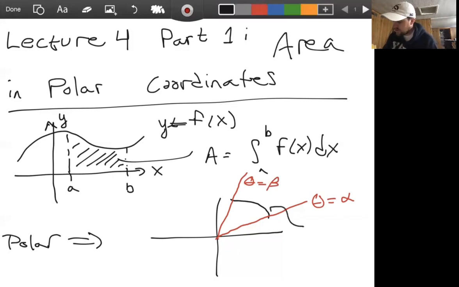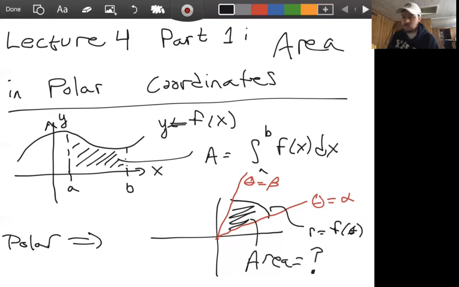So say here this curve is r equals f of theta. And we want to know now what this area is. And that's what we're going to take a look at deriving today. We're going to see if we can derive the formula for computing area bounded between two theta rays and a curve.